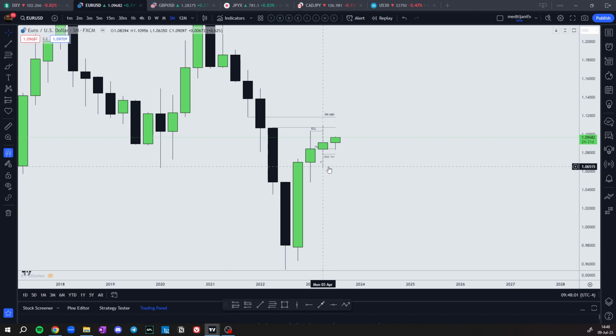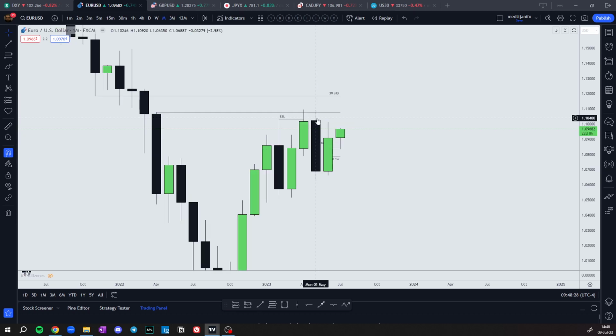On the monthly time frame, we see the same thing. We see that price has taken this high here, then retraced to this monthly order block, and we're seeing a quick reaction from that monthly order block to go higher. We don't want to see the previous monthly low taken. This is my invalidation point on the monthly time frame, and we could adjust this invalidation point on a lower time frame, or maybe it could stay the same.